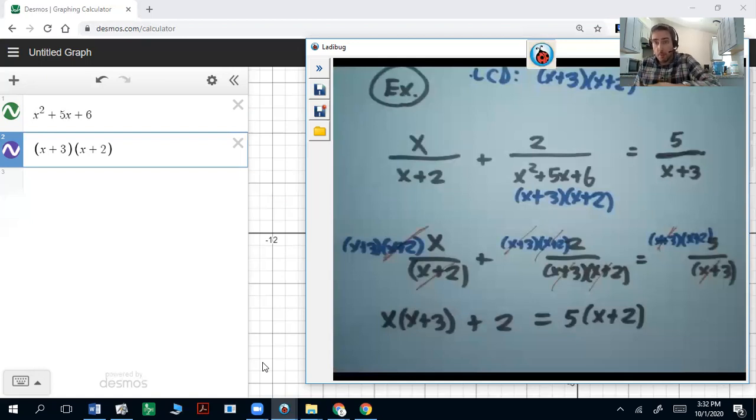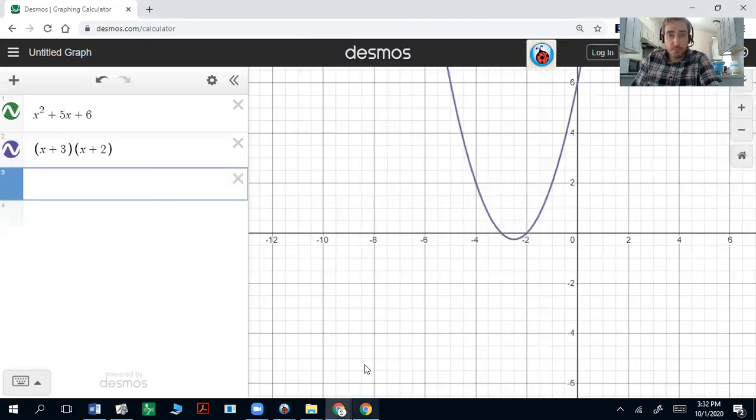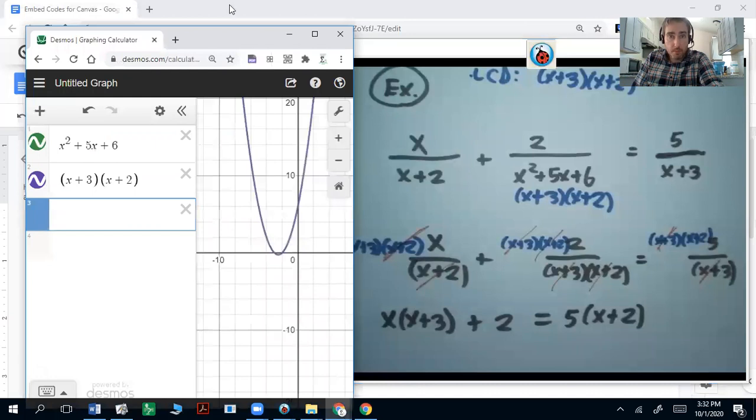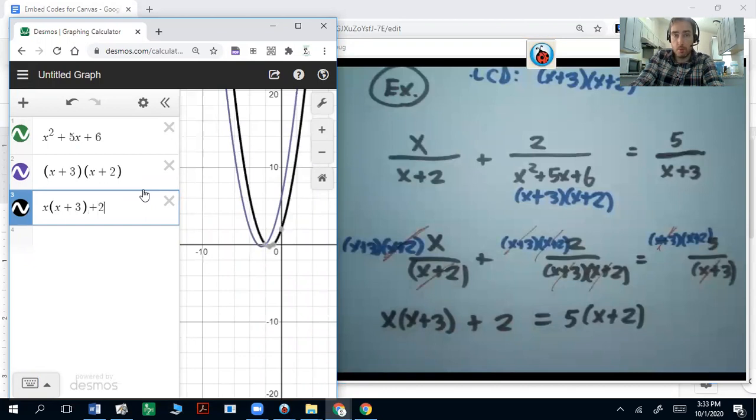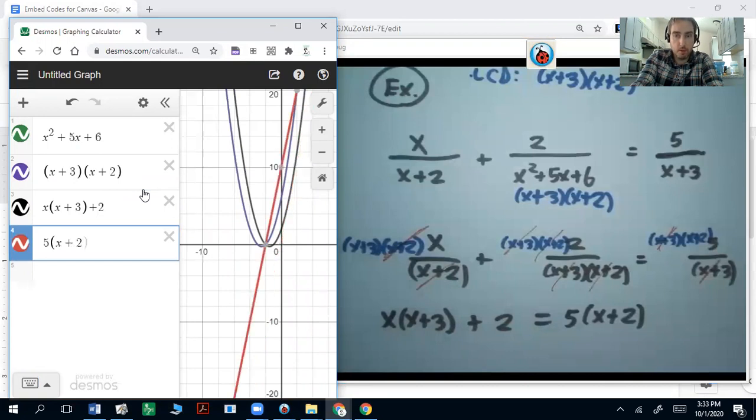I'll show you the way to finish it up by hand, but when you get to that point, what you can do is enter this in here again. So you can take the left side of your equation now, x plus 3 plus 2, and 5 times x plus 2.